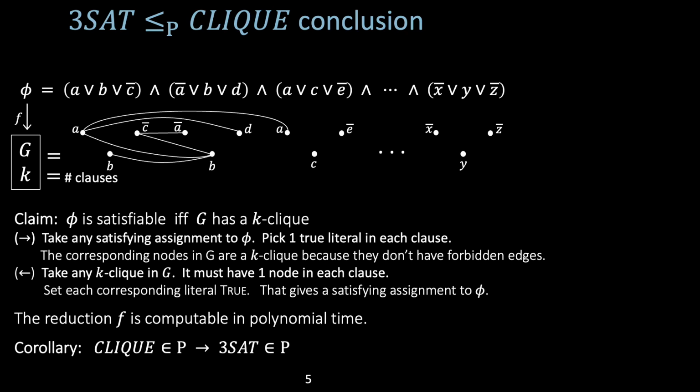Of course, the corollary here is that clique in P would imply that 3-SAT is in P. If I told you that I already knew a reduction from SAT to 3-SAT and from 3-SAT to clique, then I can say clique in P implies 3-SAT is in P. So going back to my order, I had all problems in NP down to SAT, down to 3-SAT, which then goes to clique. That is telling me that clique is actually NP-complete.